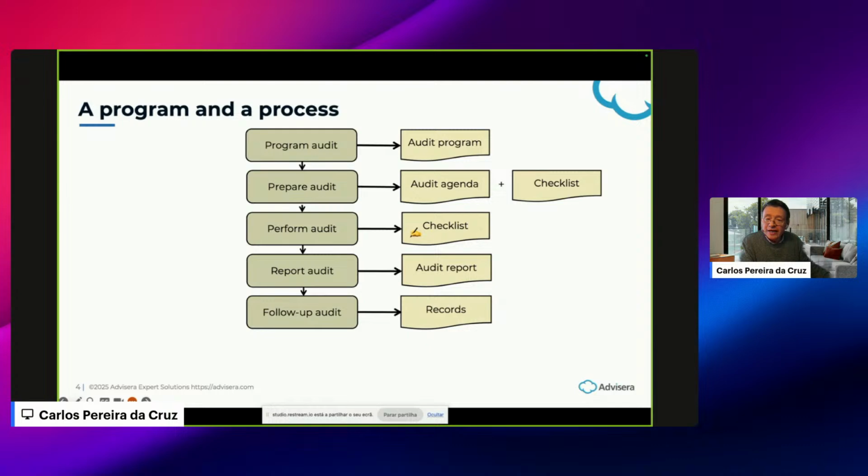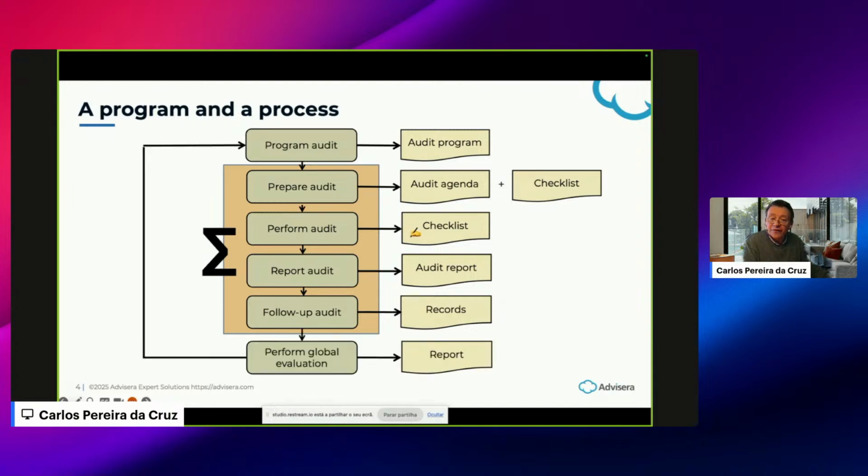These steps, prepare, perform, report, and follow up, should be repeated for every audit of the audit program. After performing and closing all audits, the audit manager should conduct a global evaluation and develop a revised audit program for the next year based on the performance and areas deserving closer monitoring.